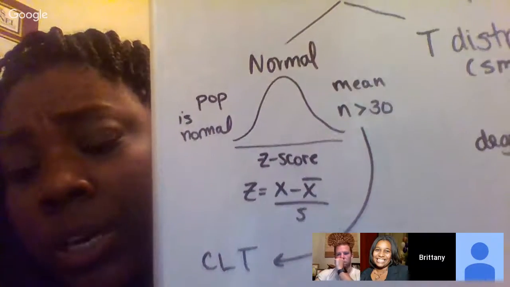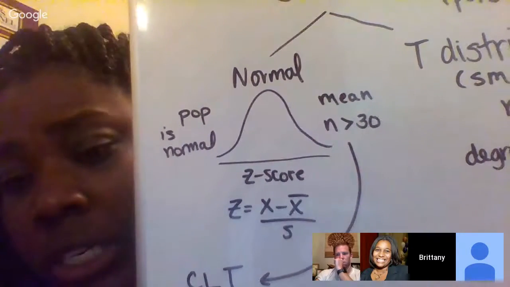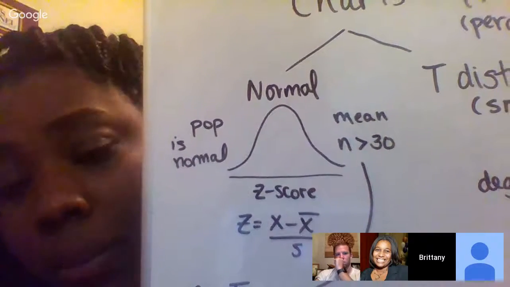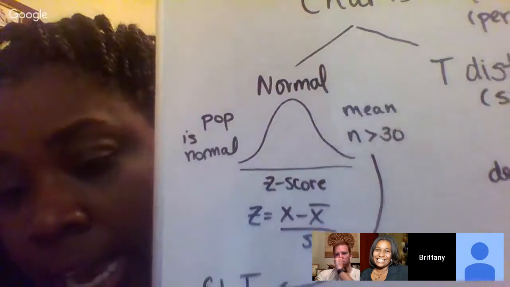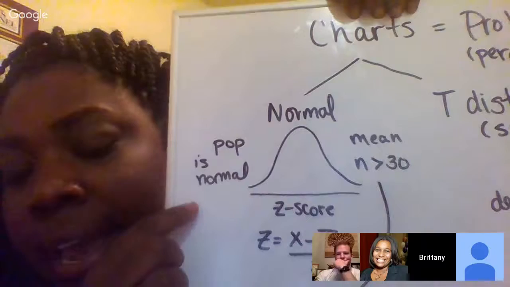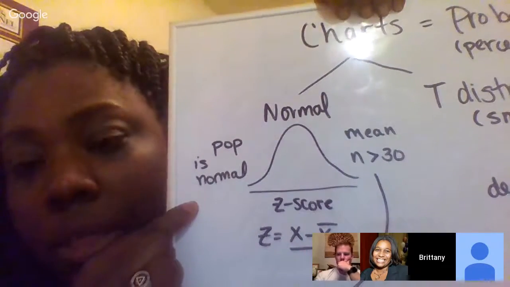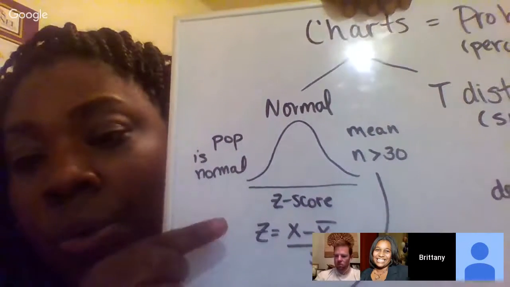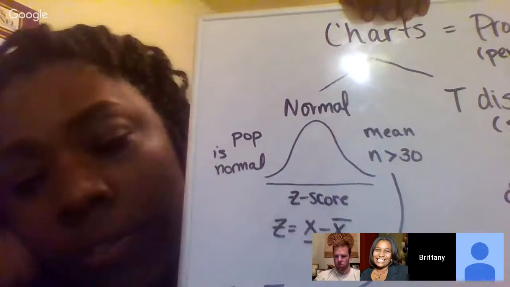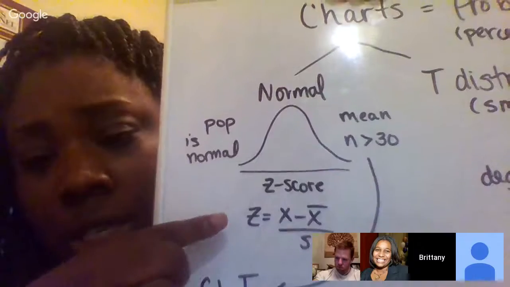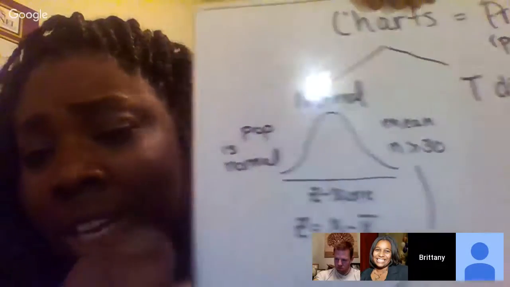This first z-score formula is our basic vanilla z-score formula, and this is what we're going to use if we know that our population is normal. All of our examples from class, we just use this basic z-score formula because we were told at the beginning of the example that it was a normal distribution.